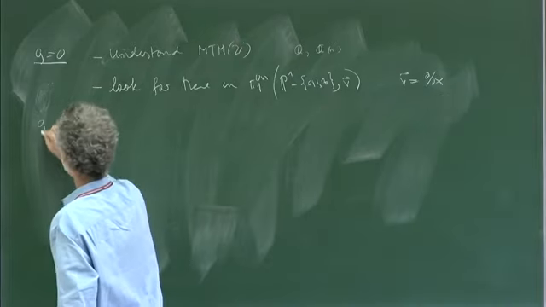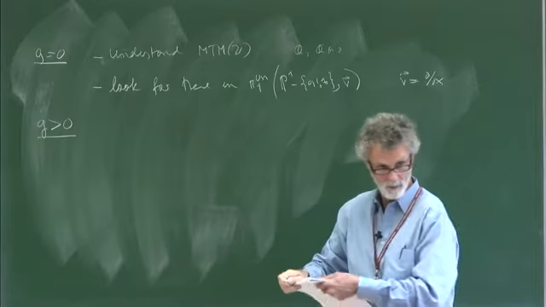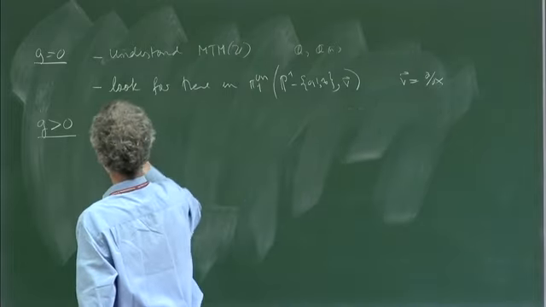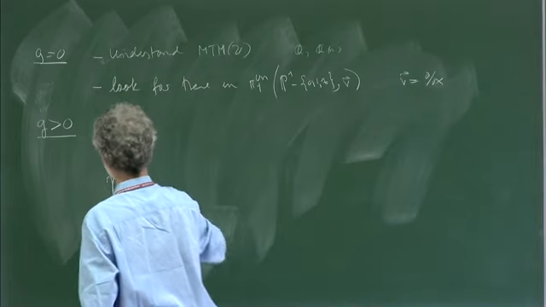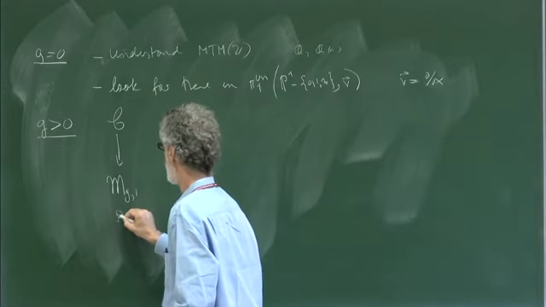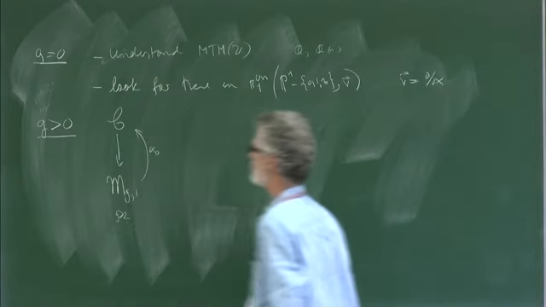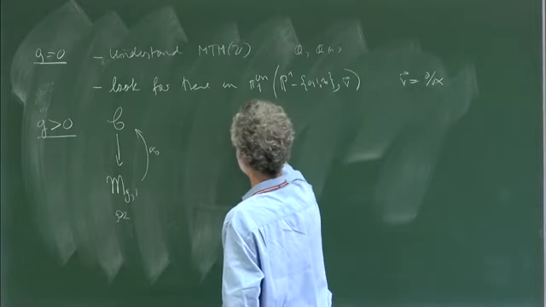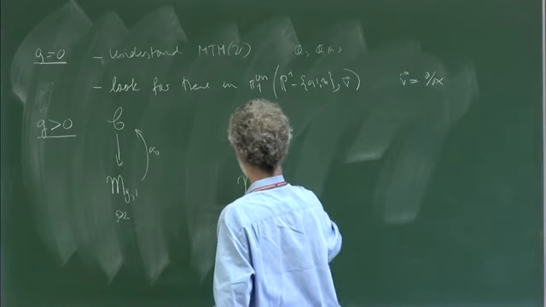But now let's look at g bigger than 0. So where are we looking here? We've got the universal curve. I'm probably still answering Don's question. Let me take M_{g,1}, where I'll take g greater than or equal to 2. I've got my tautological section, which I'll call x_0. Now I could look at some bundle, which I'll call P for want of a better name, over M_{g,1}.